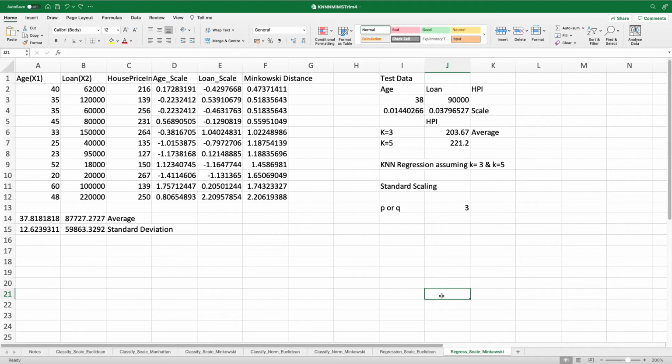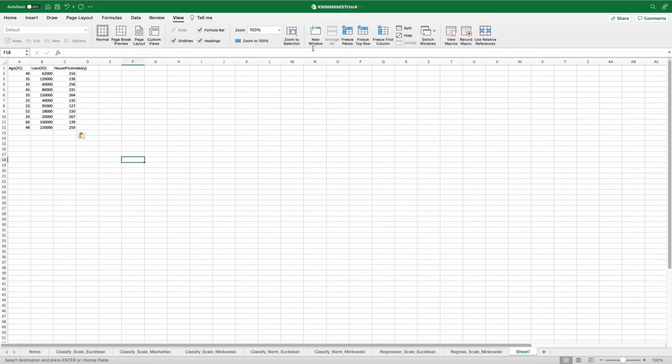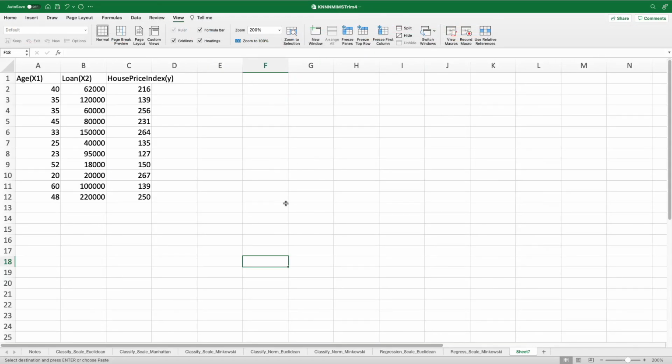All right. You want to run the normalization also on this data? Normalize. So age, loan and house price index, copy them, Control C, paste them, Control V, zoom the view to 200%.